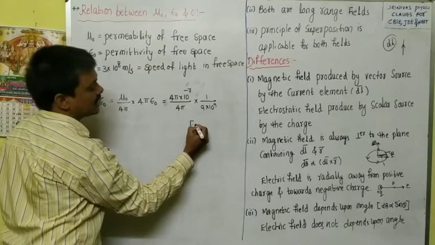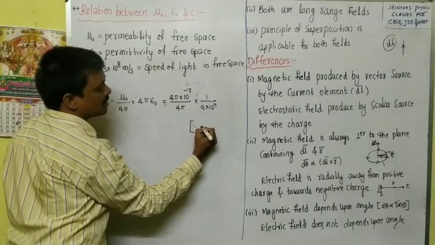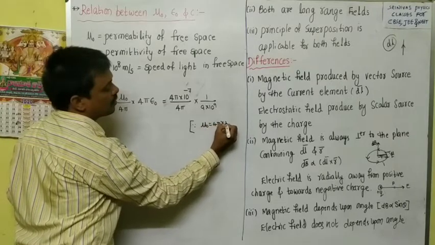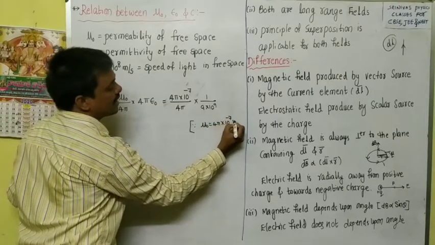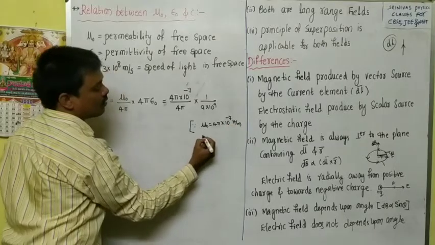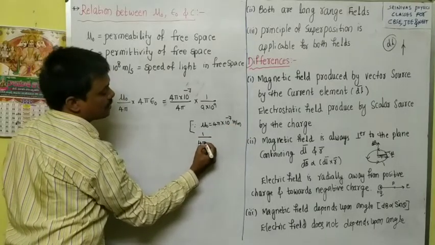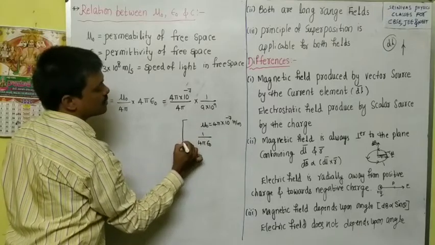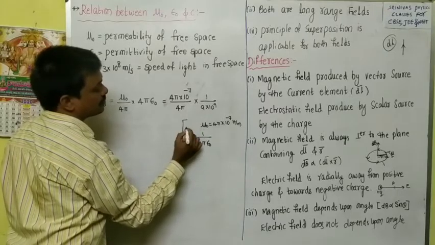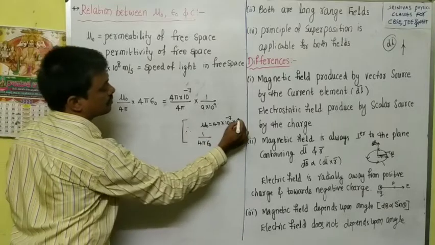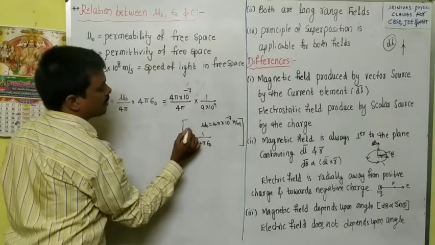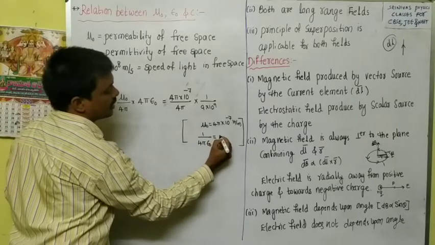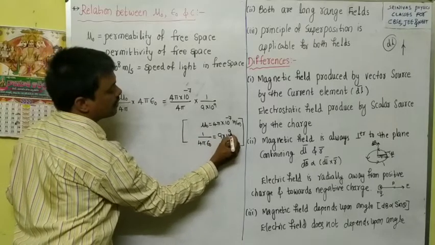You write here: one is mu naught, we know 4 pi into 10 to the power of -7 Henry per meter, and one more is 1 by 4 pi epsilon naught value, which is 9 into 10 to the power of 9.